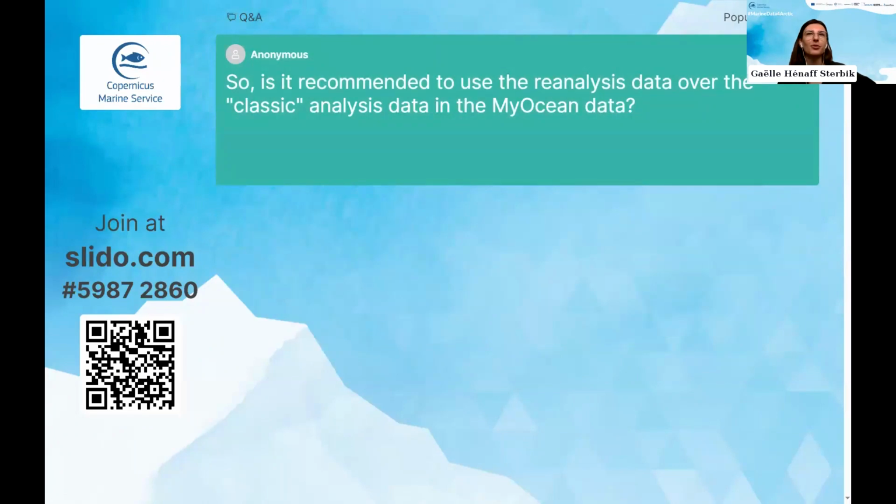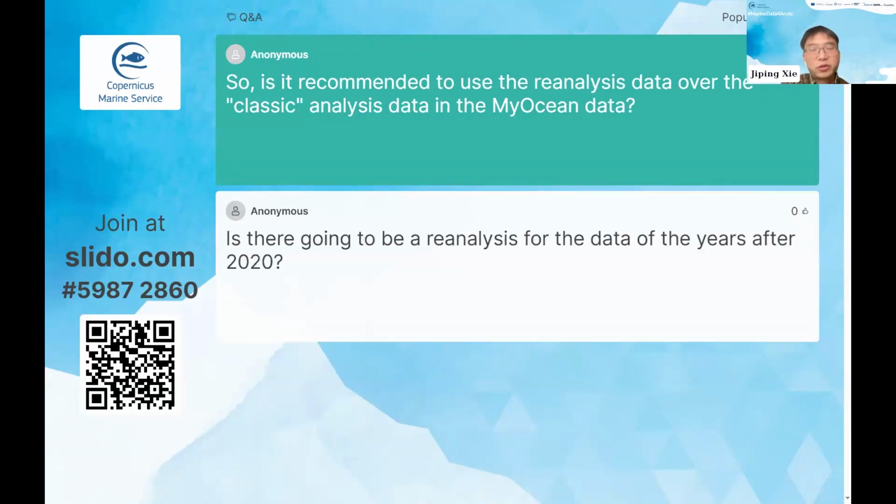Is it recommended to use the reanalysis data over the classic analysis data in the MyOcean data? I think the question is very interesting. As I showed in some figures, if you remember, I showed the four products we used, the average and the ensemble mean. There is still uncertainty.